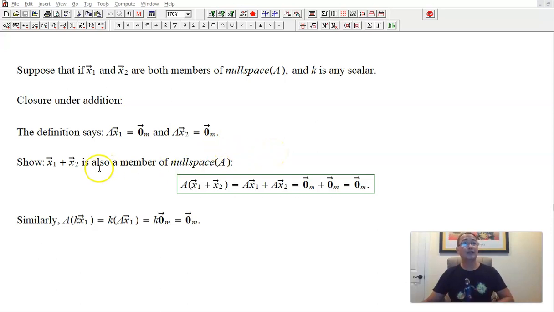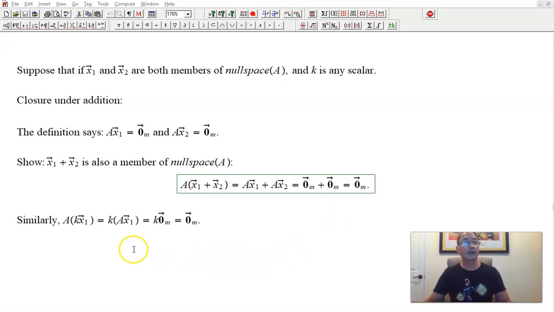We have to show that their sum is also in the null space. Well, what happens when you multiply the sum by A? By the additivity property, A times the quantity x1 plus x2 distributes as Ax1 plus Ax2. Ax1 is 0m, Ax2 is also 0m. Looks like we've seen this before. 0m plus 0m is still 0m. So that's closure under vector addition.